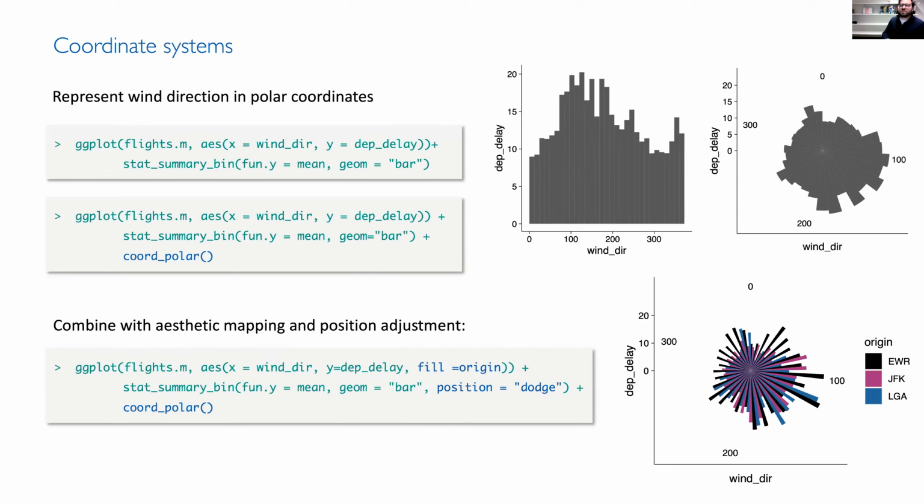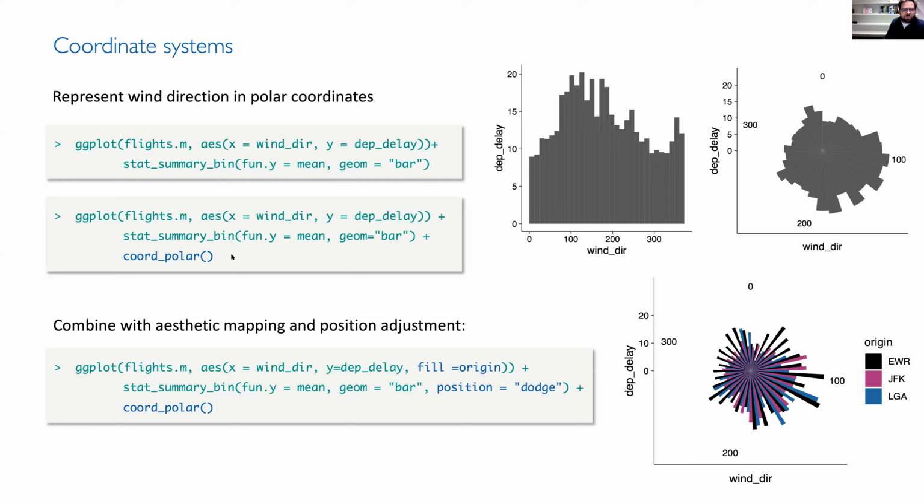Yeah? So now we always assume that we have Cartesian coordinates, but we can of course have any other coordinate system. So here, for example, we are plotting as the x coordinate the wind direction, as the y coordinate the departure delay, and then we just calculate the average delay again using the summary function for certain intervals of the wind direction.